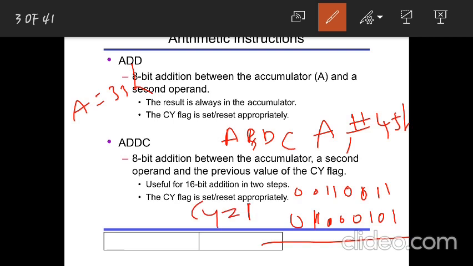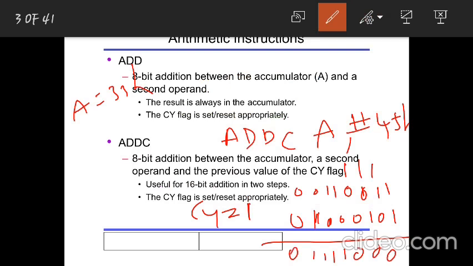I didn't take any 16-bit addition here, I am doing 8-bit addition only. But at the time of adding, what does this instruction do? This is not B, this is D. So 1 plus 1, you will get 0 with carry, and you will get 1 1 1 1 0.